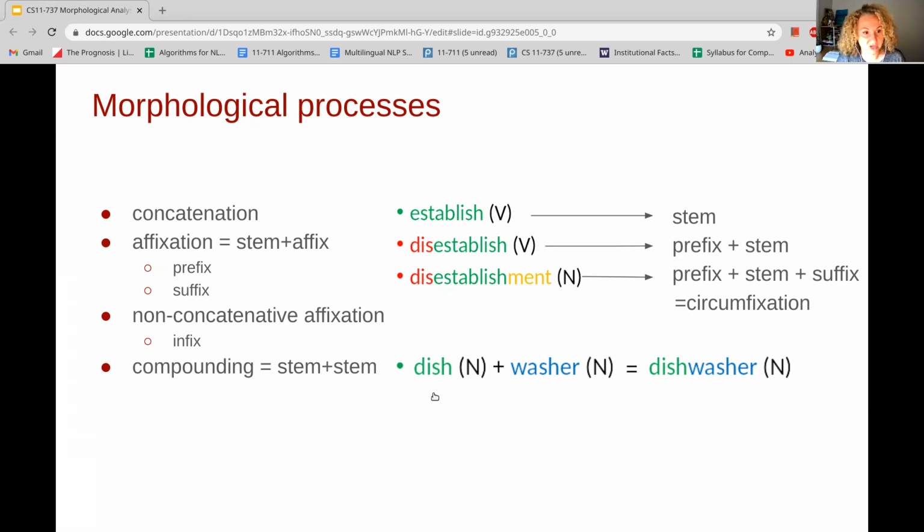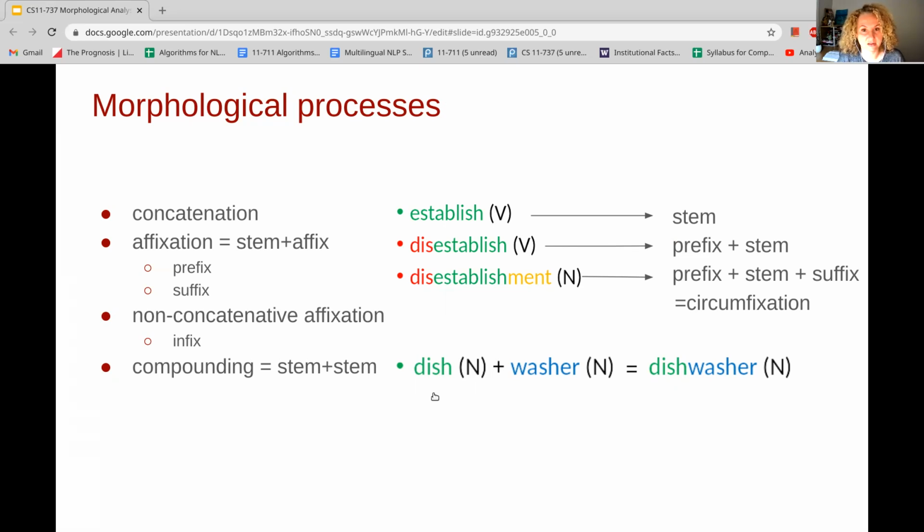There are also non-concatenative processes. For example, when we add an infix, when we add a morpheme in the middle of a string. And another common type of morphological process is compounding, when rather than concatenating bound morphemes, we concatenate free morphemes. We concatenate several stems, like in the word dishwasher, or in the word skyscraper.